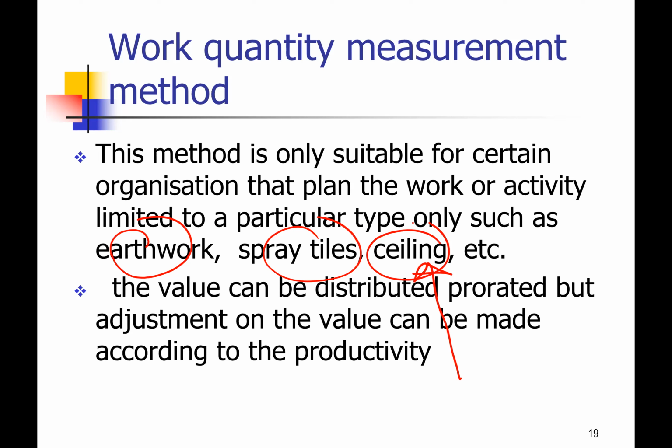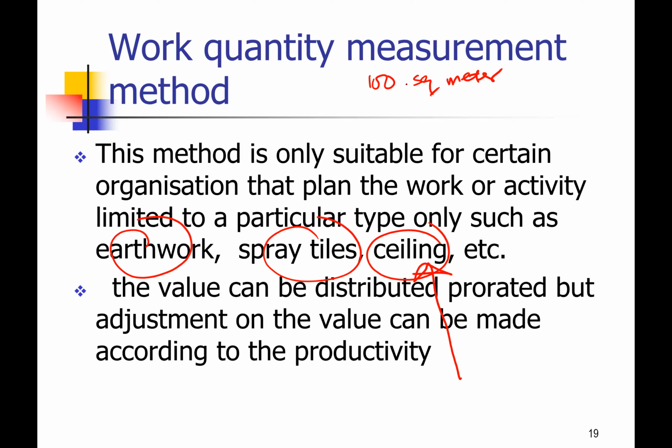Let's say you have a big area of ceiling that you need to install. You plan one day you should cover around 100 square meters of area with all the laborers that you put in. So that would be one day, 5 days would be 500 meters, as simple as that.